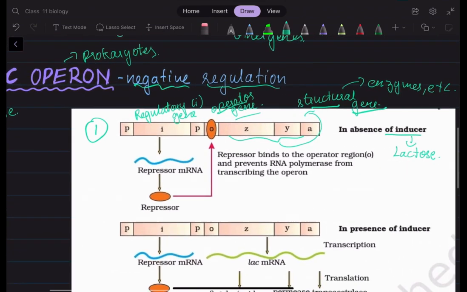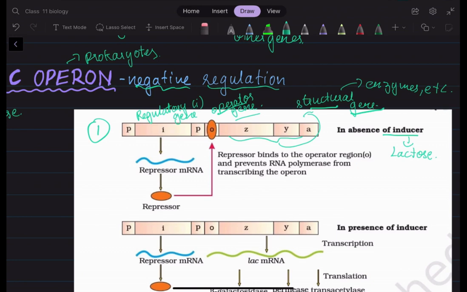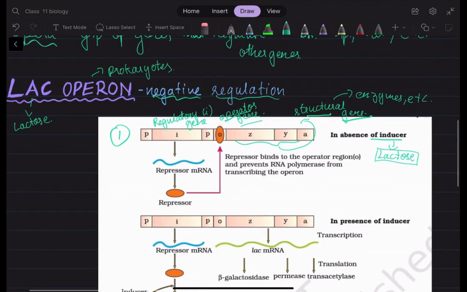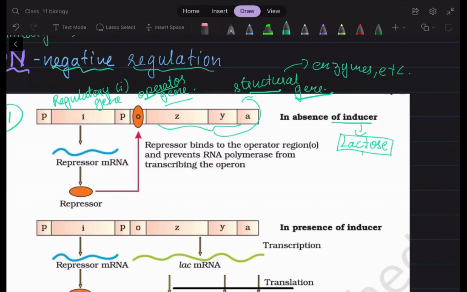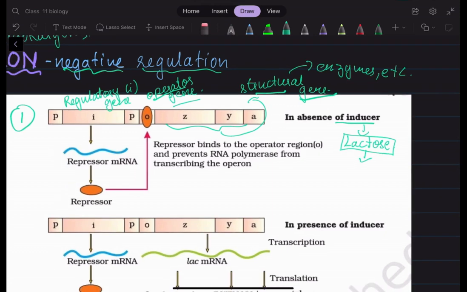Now, when our inducer, when our lactose, see, the primary function here, what we are trying to achieve is whenever there is lactose present, we need to break down this lactose into glucose and galactose. Whenever there is no lactose present, we know there is no need to break down this lactose.